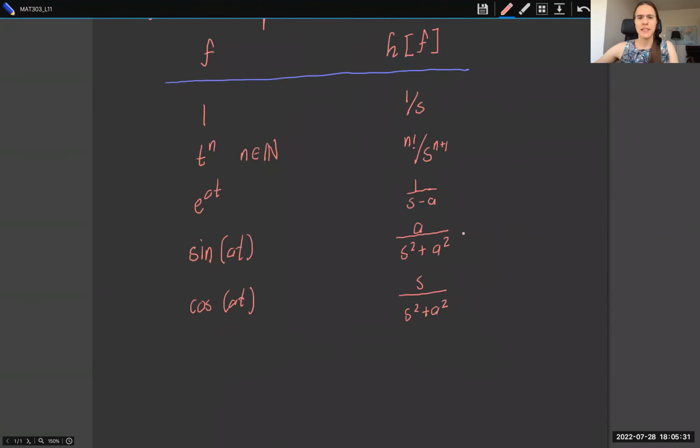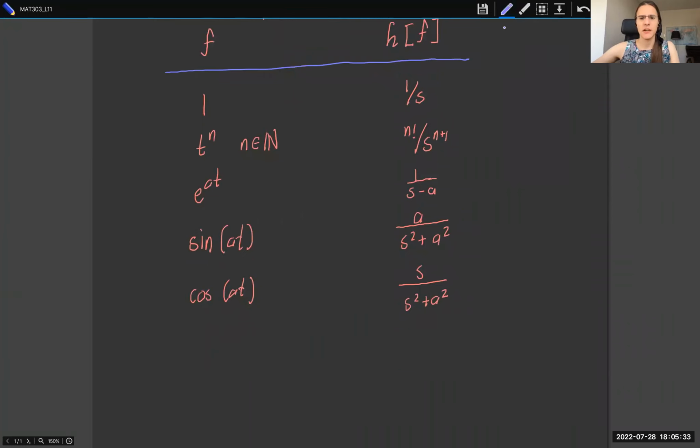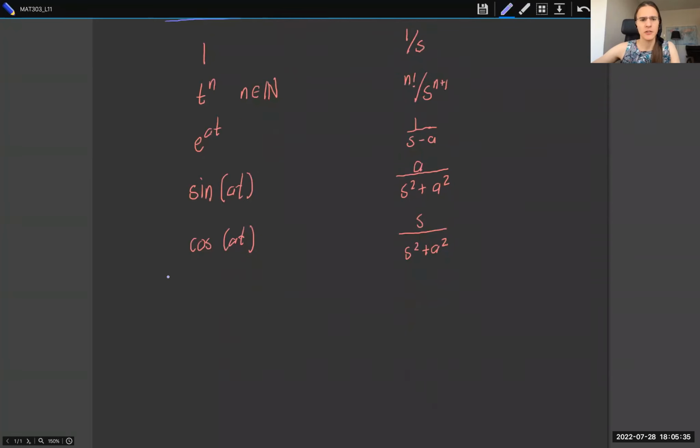And then we had some rules that were pretty general. What the general rules say is that if you're taking the Laplace transform of the nth derivative of some function, then that's equal to s to the n times the Laplace transform of f.